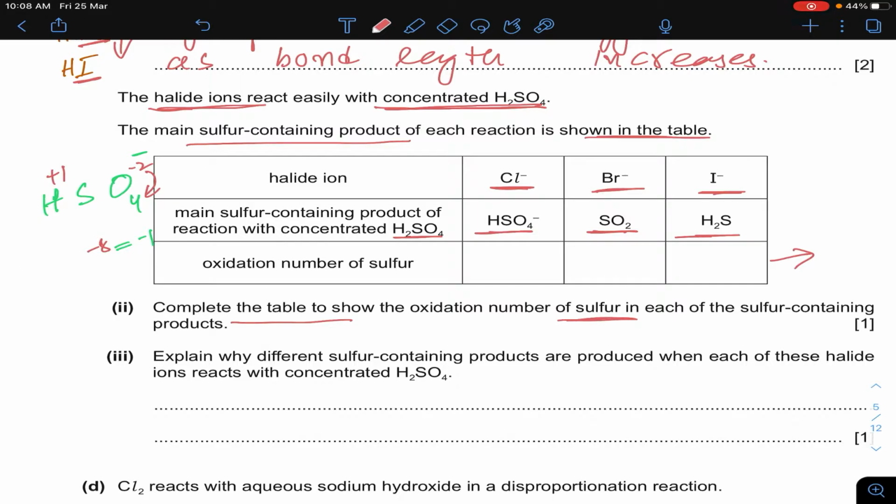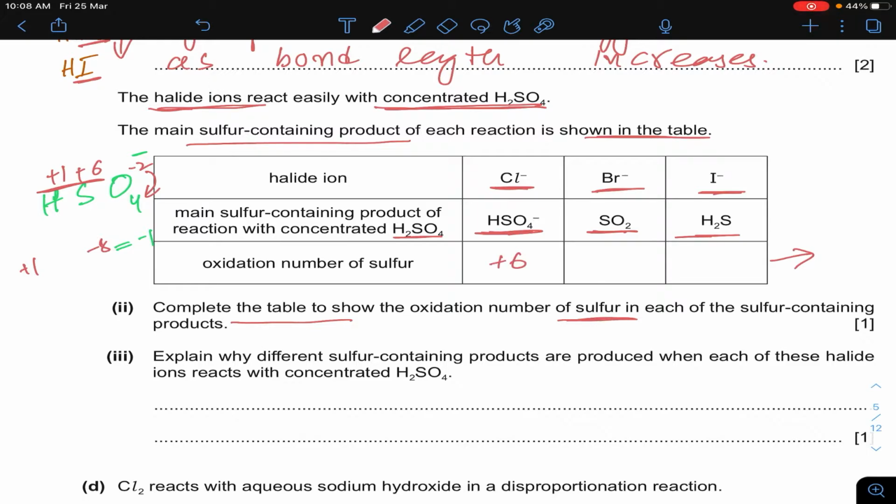So -8 plus 1, so what would be the oxidation state of sulfur? That would be +6. Right, so +6 plus 1 is +7, +7 minus 8 equals -1.